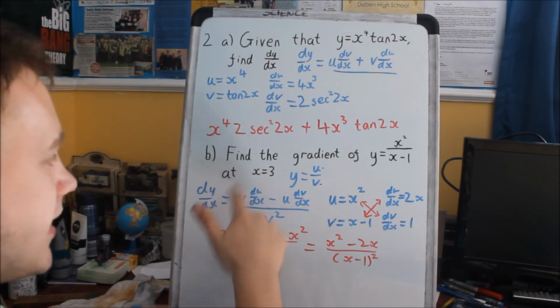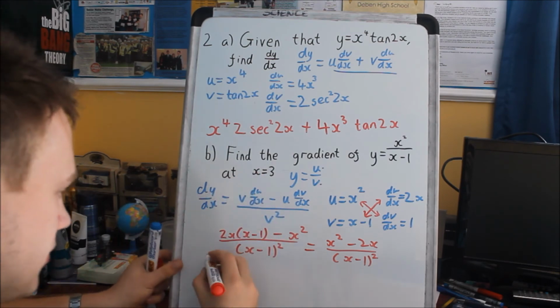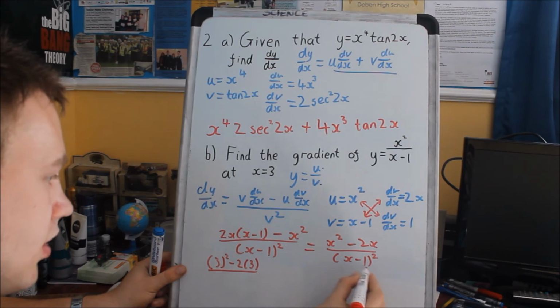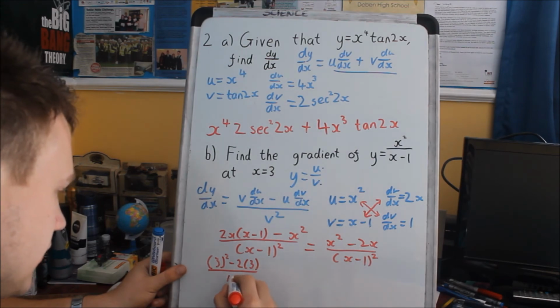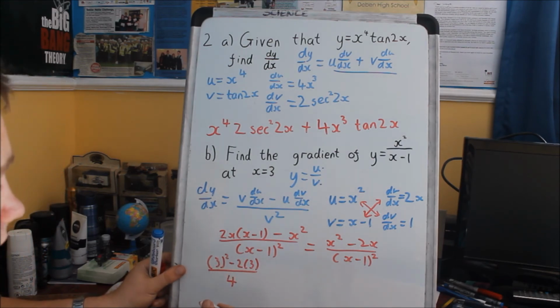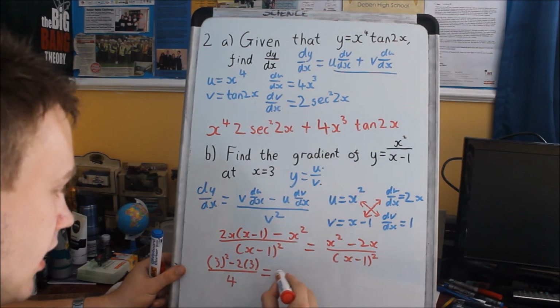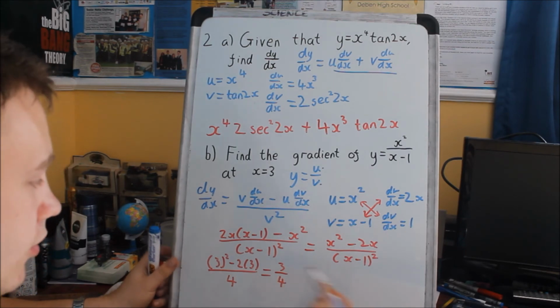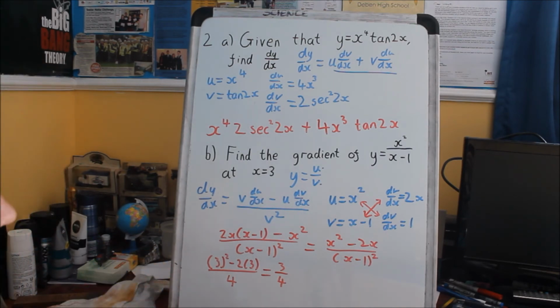Then we put in at the point x equals 3, so substitute 3 for all your x values, you get 3 squared minus 2 lots of 3, all over 3 minus 1 is 2, so it's 2 squared, which is 4. 3 squared is 9, minus 2 times 3 is minus 6, so it's 3 quarters. You can leave it like that, or 0.75 would be accepted. So that's your final answer.